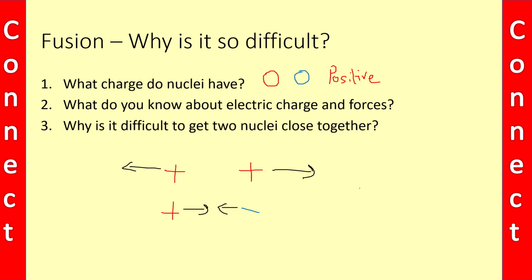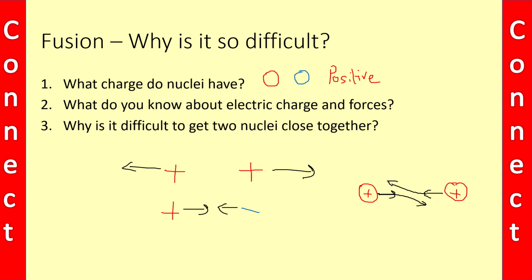If we just keep it simple and imagine two hydrogen 1 nuclei, so just two protons, it's going to be very difficult to get these close together, because even if their motion were towards each other, they're going to experience electrostatic repulsion, and as they approach each other, they're going to divert off on a different trajectory.